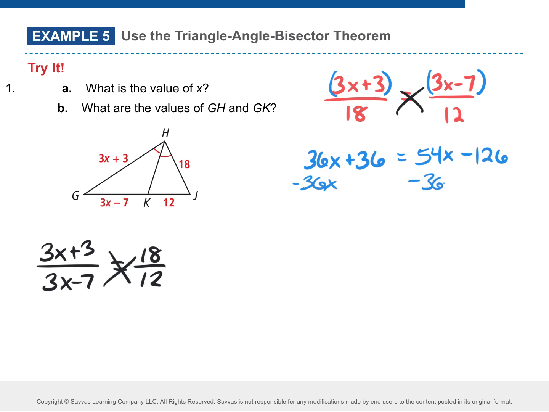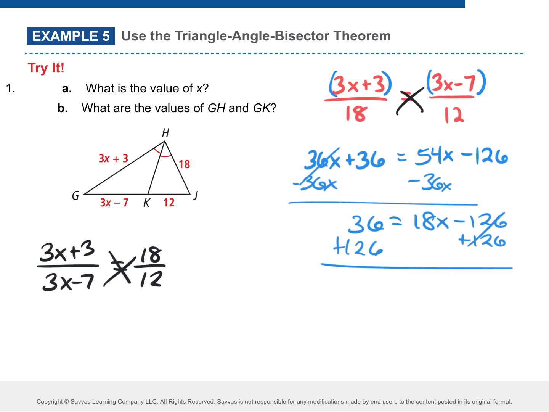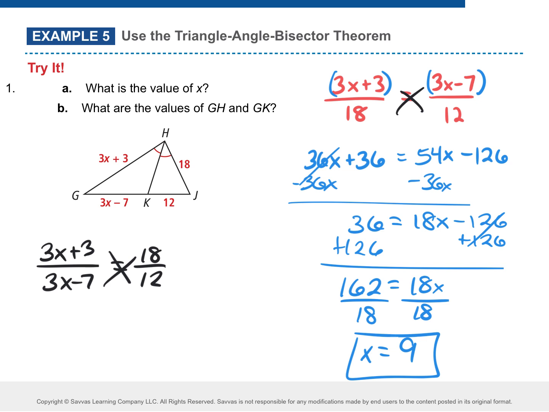Yep. 54 minus 36 is 18. 162. What's 162 divided by 18? 9. So that's your part A. X equals 9.